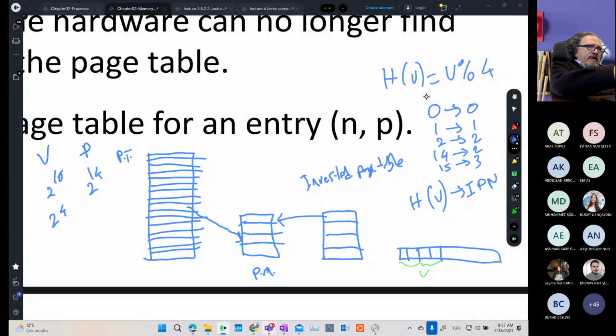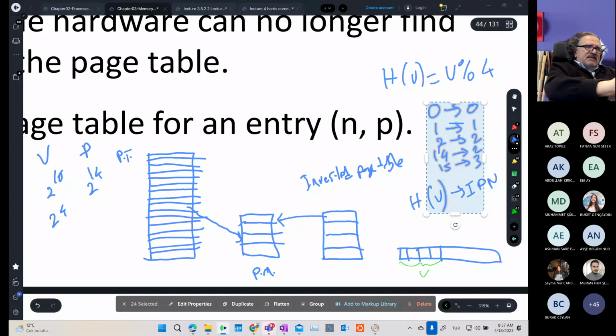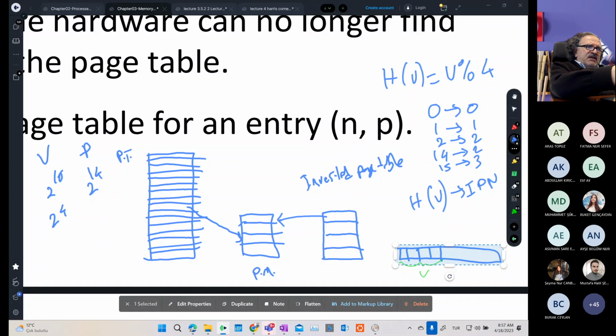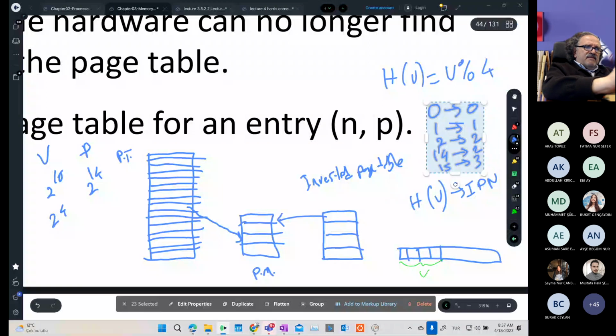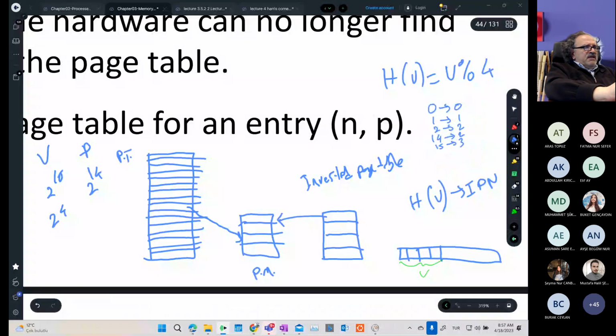The problem is the same problem that we have with hashing. Those people who took the data structures course, what is the problem?